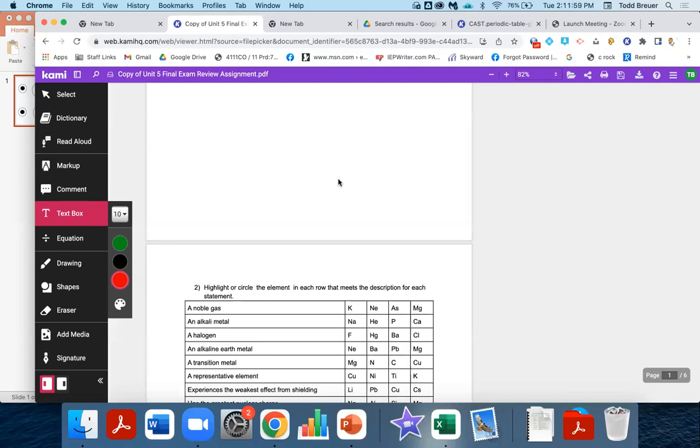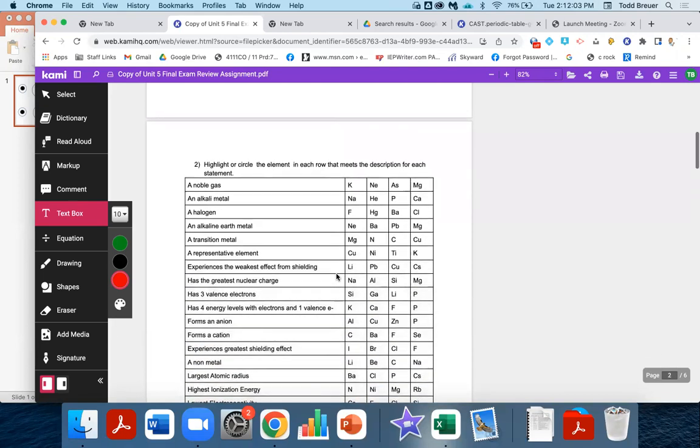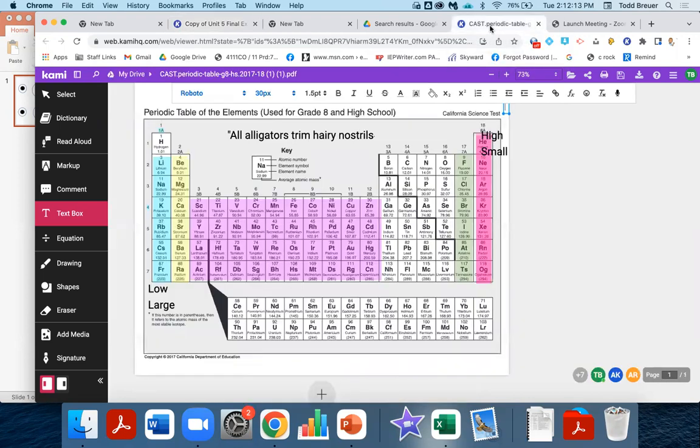Okay. First series of questions here, a whole bunch of questions about location on the periodic table: noble gases, alkali metals, halogens, alkaline earth metals, transition metals. Let's take a look at how we spoke about how you could do that easily in class. I made up this silly little rhyme: all alligators trim hairy nostrils. They relate to positions.